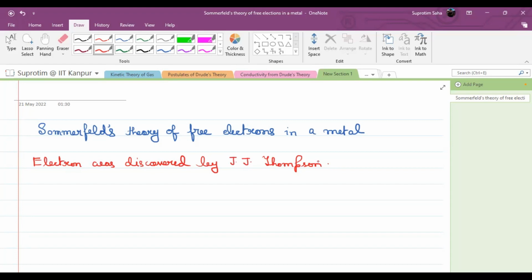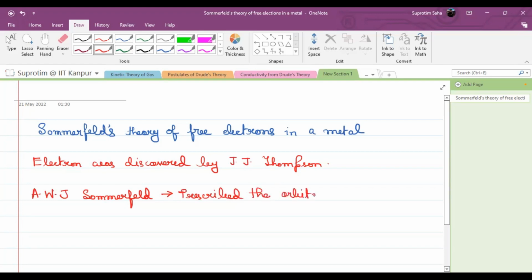He contributed to the field in various ways. After Thomson, Sommerfeld prescribed the orbital quantum number, which is L. This gives an idea of the shape of the orbitals.